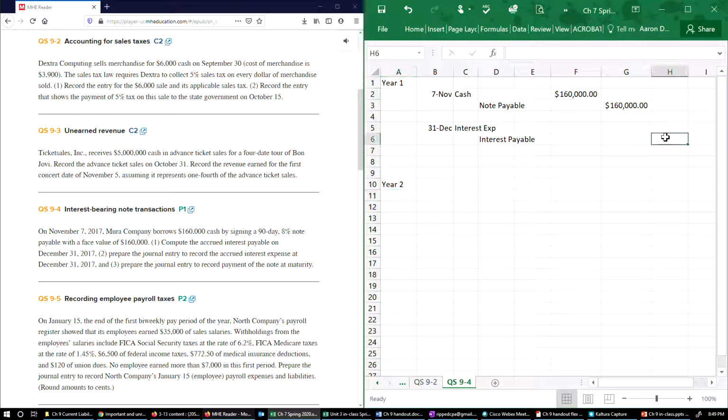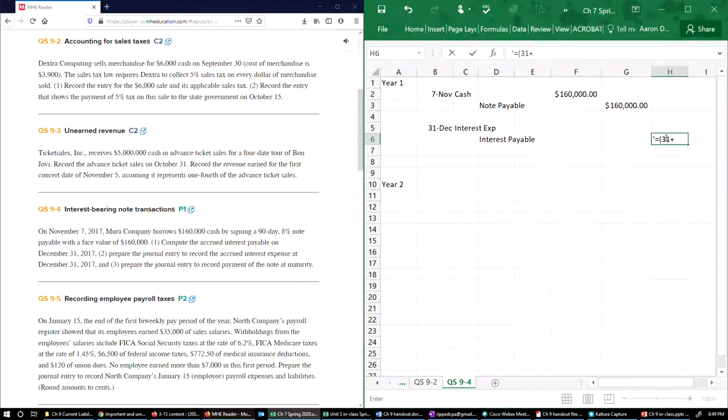And so we need to compute the interest. December has 31 days, and the note is outstanding the entire month of December, and it was made on November 7th.